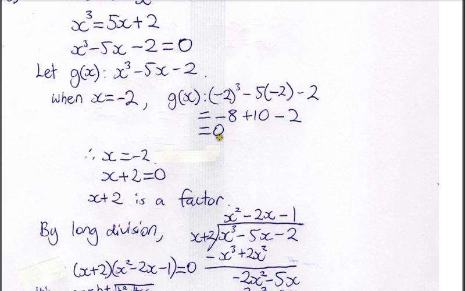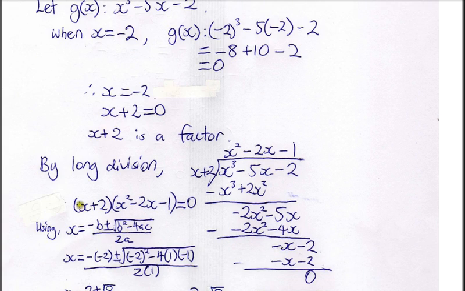This tells us that when x equals minus 2, x plus 2 equals 0, and therefore x plus 2 is a factor of the function. To solve for the other roots of the equation, we'll use the long division method.